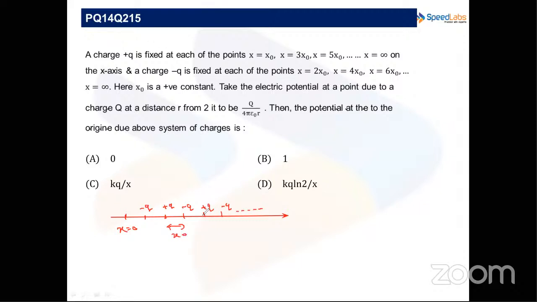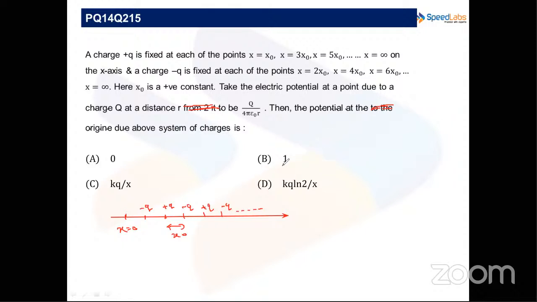Now the question says: take the electric potential at a point due to a charge q at a distance r to be kq by r. This is a misprint, but that is the normal formula, kq by r. Then the potential at the origin due to the above system of charges is?